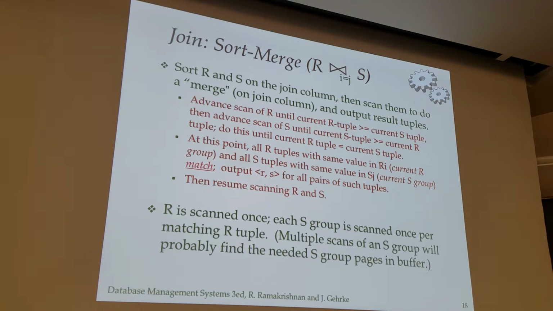Cardinality of R times cardinality of S, if everything matches everything. Which, by the way, tells you that you could have a huge number of tuples in the result, much bigger than what you had in R and S. In general, you could have 0 tuples in the result, but you could have cardinality of R times cardinality of S in the result, or any value in between.